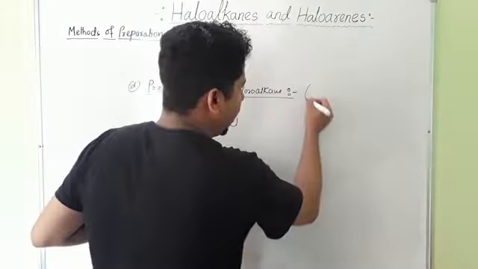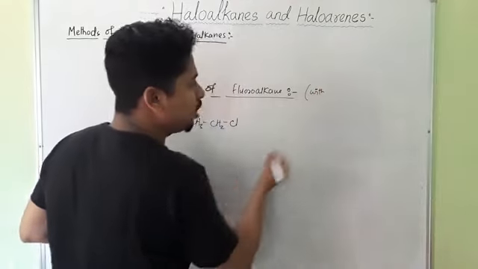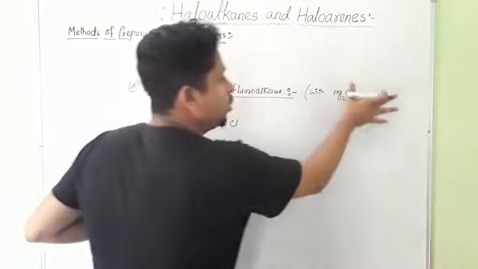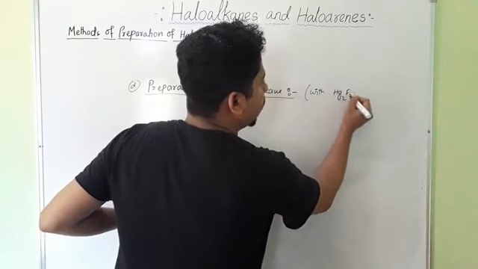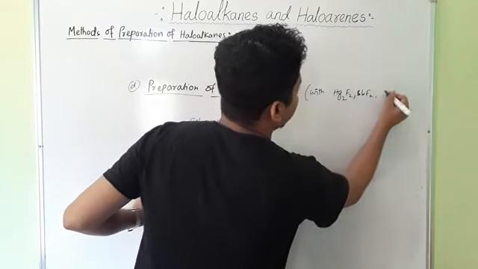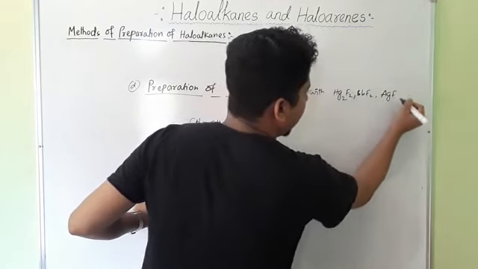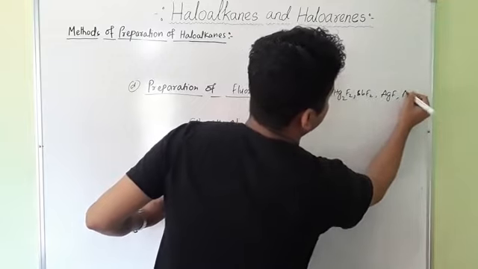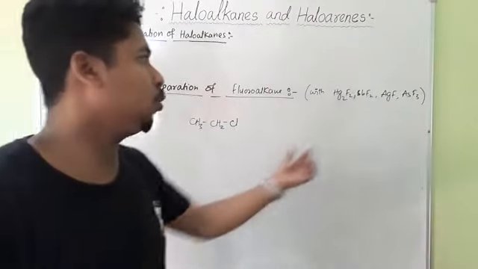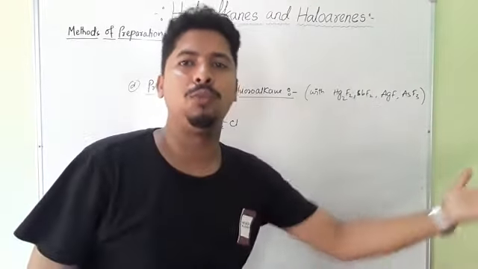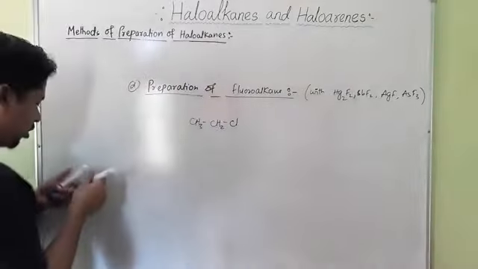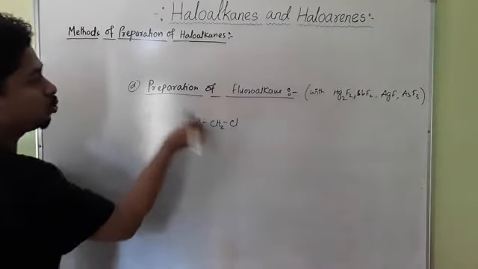We can treat the chloro or bromoalkane with Hg2F2, or SbF3, or AgF, silver fluoride, or AsF3, arsenic fluoride. By treating chloro or bromoalkanes with these inorganic fluorides, we can prepare the corresponding fluoroalkanes. This reaction is called the Swarts reaction.